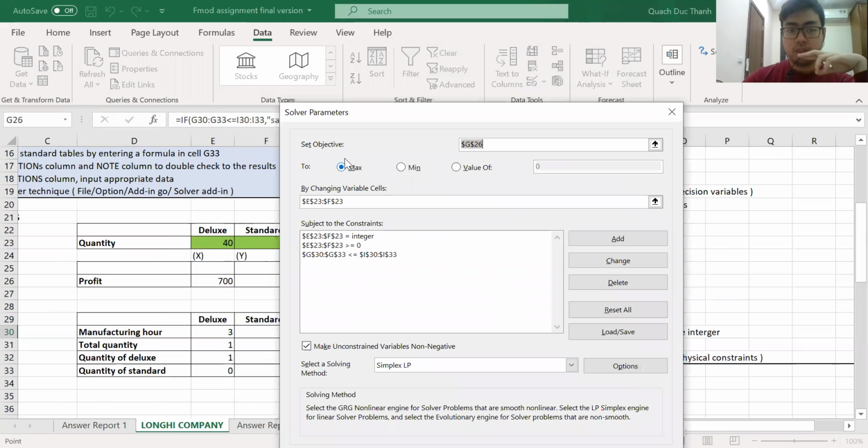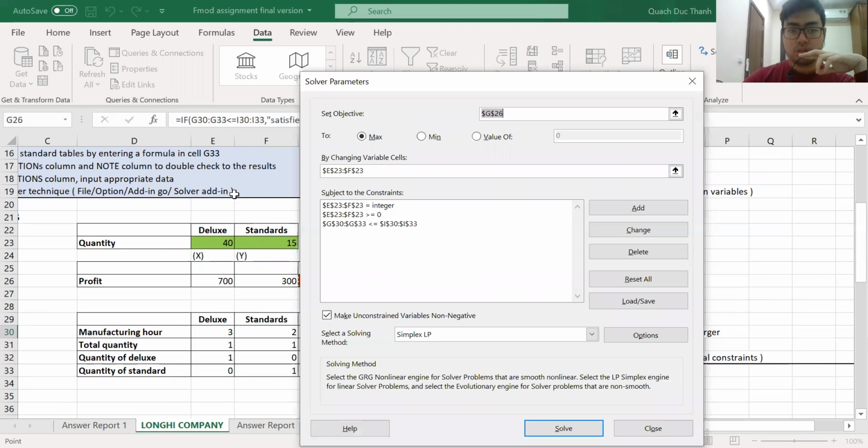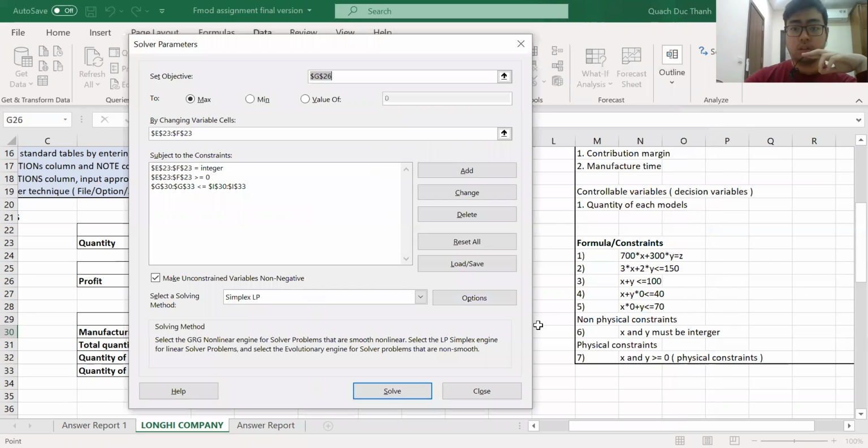We maximize profit, change the variable cells using the range of the decision variables, and the constraints are the non-physical and physical constraints I mentioned. The decision variables have to be integers because they are tables, and they also have to be larger than or equal to 0 because the result cannot be a negative number.